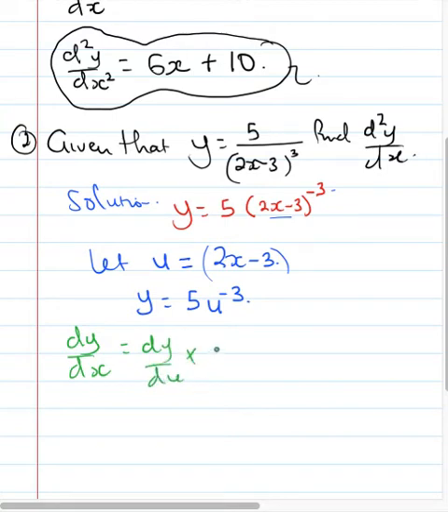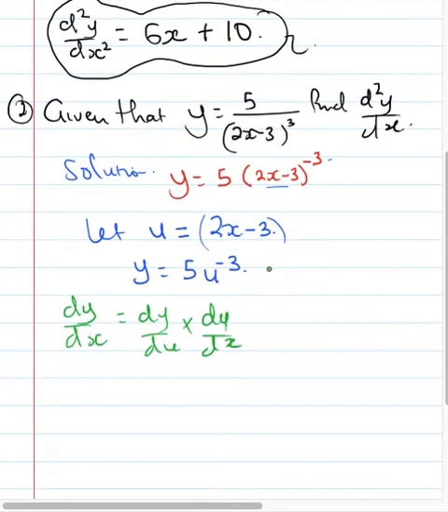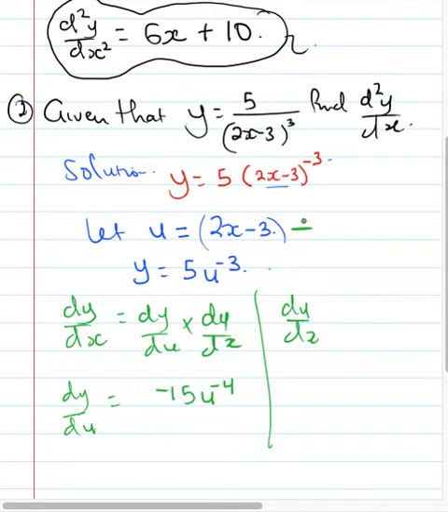So from here dy/du would be negative 15u to the power of negative 4, because from the negative 3 we take off 1. And from du/dx, when you differentiate the 2x, the 2 is a multiplier, so it will be carried out just like fractions. So it will be 2 times 1, and the derivative of 3 is 0, so we just get 2.